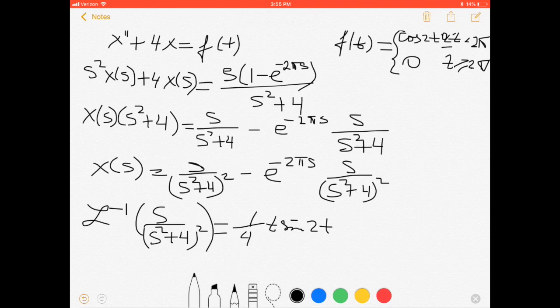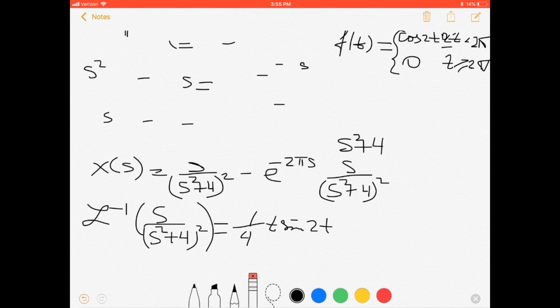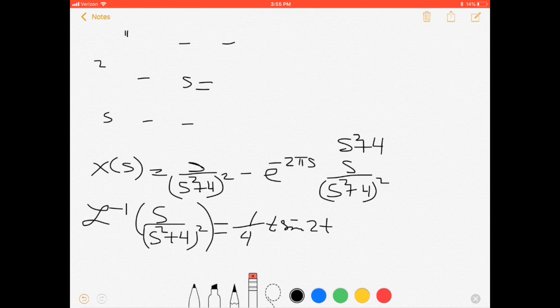Use this fact. Your function, okay, I need to clear a little bit, especially here. Just a moment. Okay. We need to use inverse Laplace transformation for this function X(s), and remember what the inverse Laplace transformation is for this part.